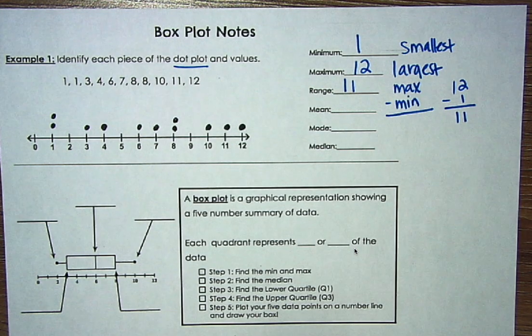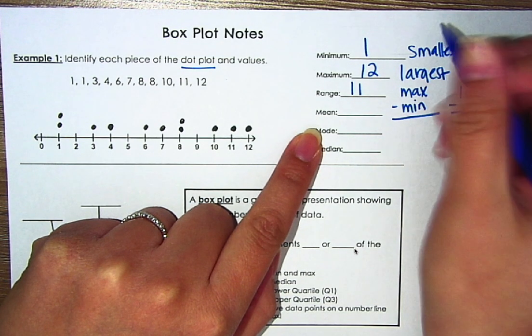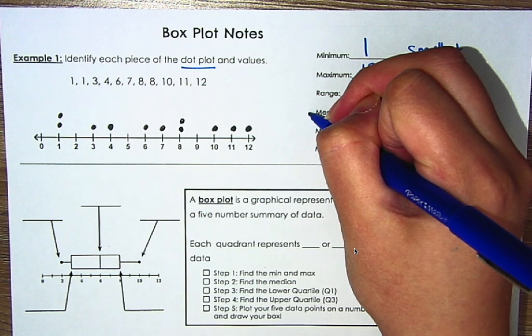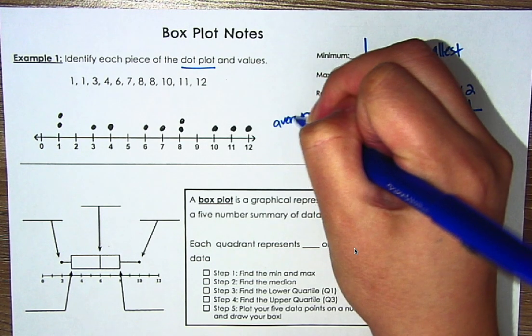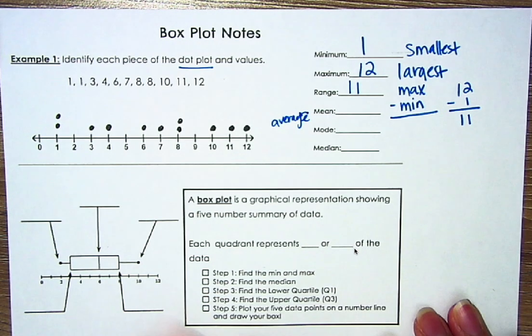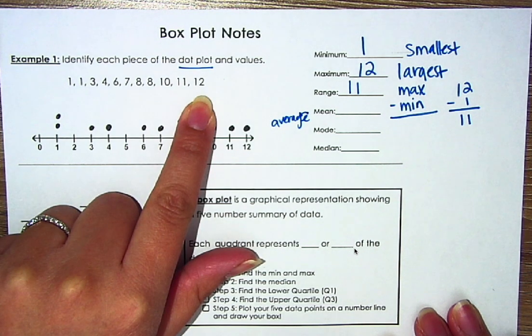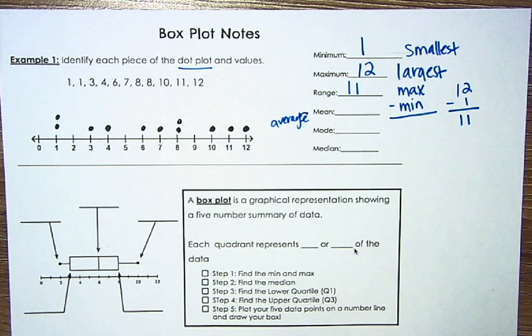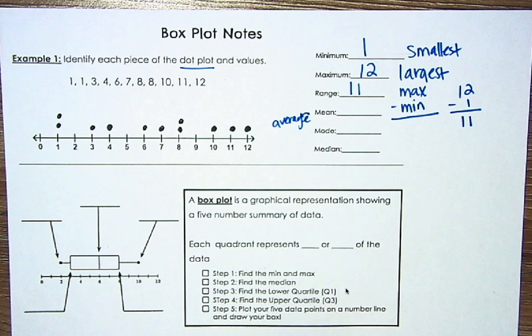Okay. The mean. The mean, I'll put it on this side. The mean is just the average. So what you would need to do is you would need to add up all of these numbers here and then divide it by how many numbers there are. Okay. So I'm going to go ahead and add them.